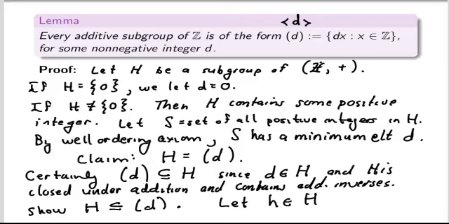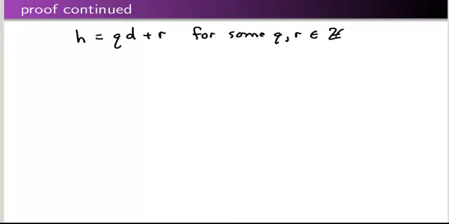So if I want to show something's a multiple of d, let's divide it by d and show that there's no remainder. So by the division algorithm, h equals qd plus r for some q and r in the integers with the remainder r strictly smaller than d.